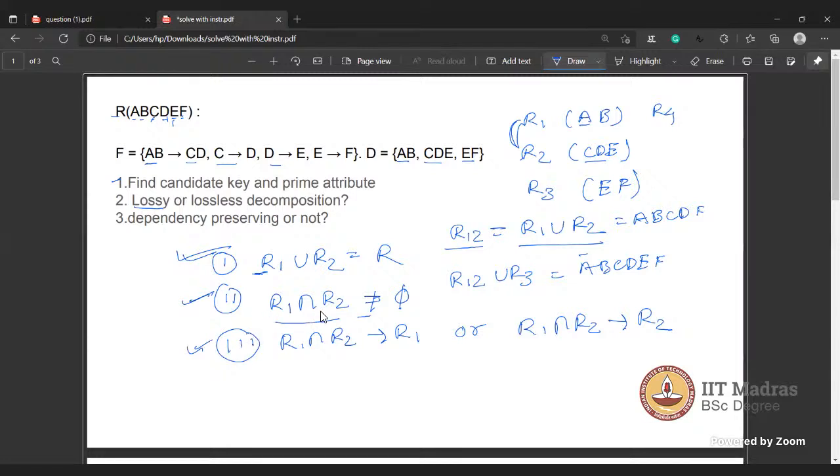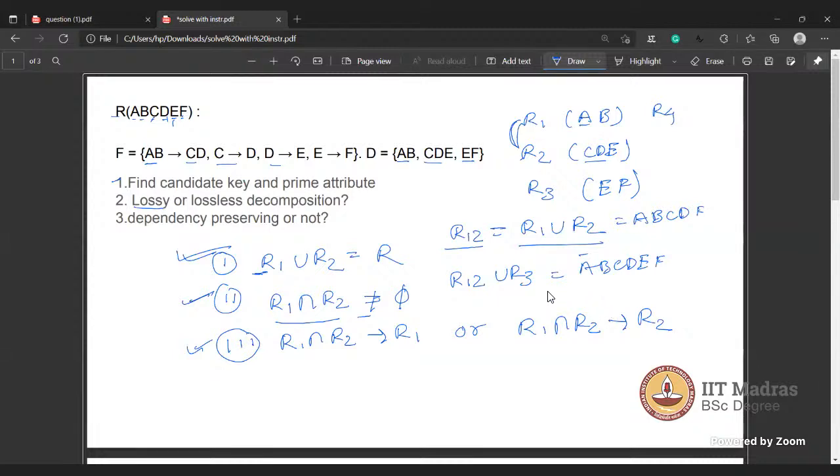Sir, I just have one doubt. Here, R1 and R2 represent R. When we add R1 and R2, it does not clearly give the whole set A, B, C, D, E, F. But R12 plus R3 defines the whole set. So in this case, R12 is my R1 and R3 is my R2.